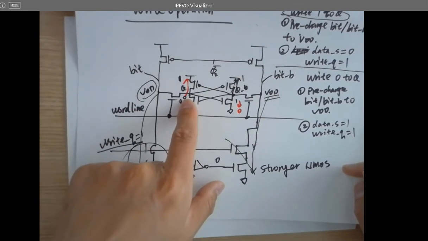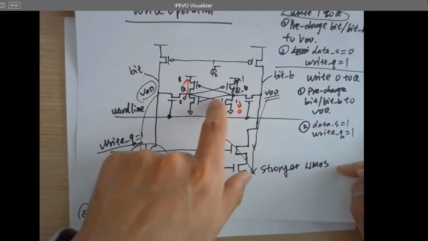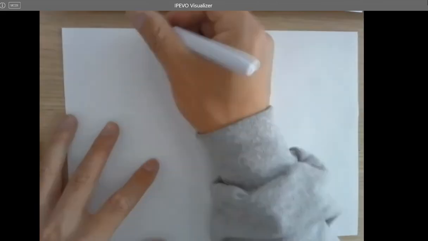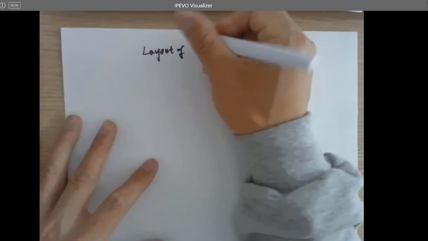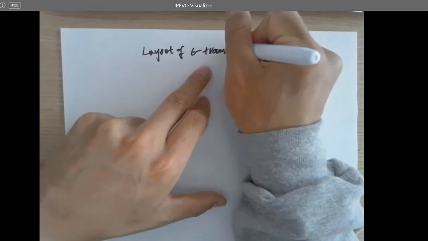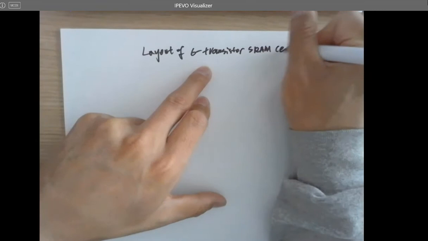There might be gigabits, so you have to repeat it. So you really want to make this one compact. So how? Think about the stick diagram. Layout of the 6 transistor SRAM cell.